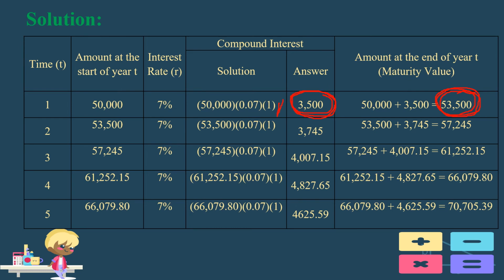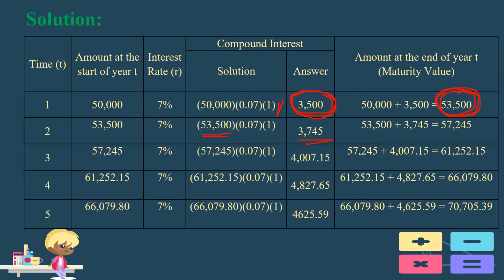Next, for the second year, hindi na siya 50,000. So, the accumulated interest nung first year, which is 53,500, eto na siya ngayon. Times the rate of interest, which is 0.07, times 1. So, eto ngayon ang answer niya. So, using the calculator, times natin 53,500 times 0.07 times 1.